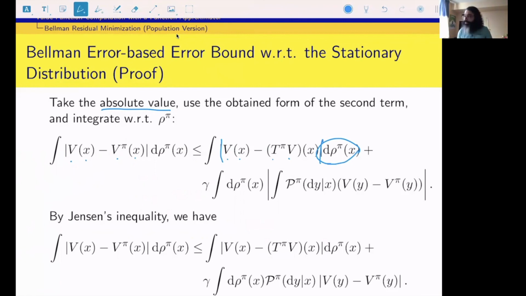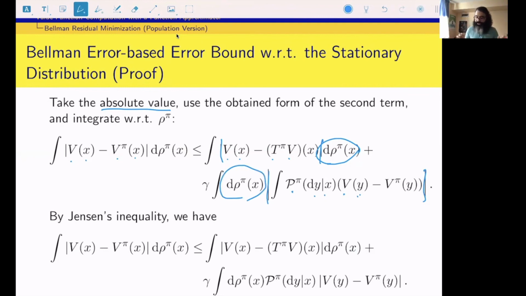And then the second term would be gamma times the absolute value of the term that we got on the previous page. So P^π(dy|x), V(y) minus V^π(y). So the absolute value of it, and then weighted according to the stationary distribution.